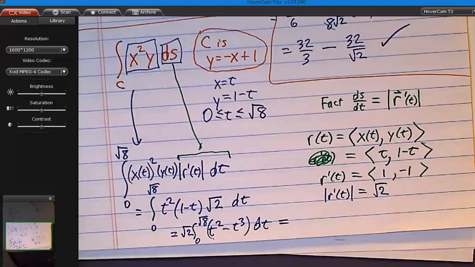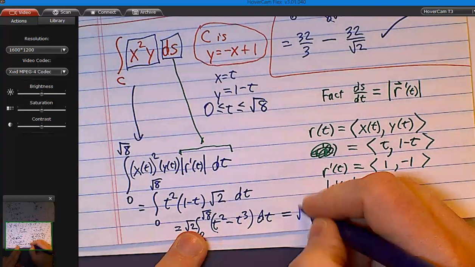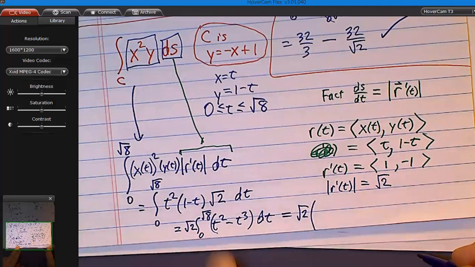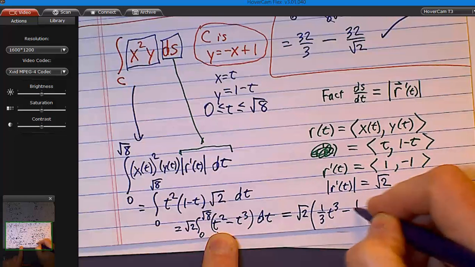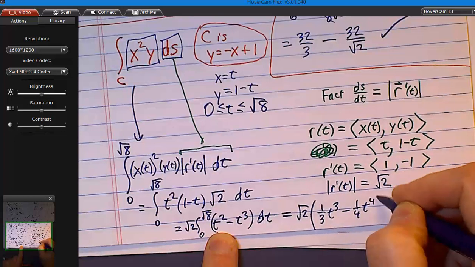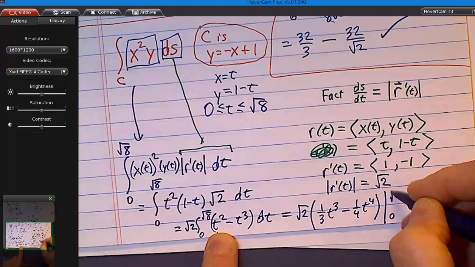It's not easy to get it on the screen. There we go. So I have the square root of 2 times, what would this be? This would be 1/3 t cubed minus 1/4 t to the 4th, right? And the t values I have go from 0 to square root of 8.